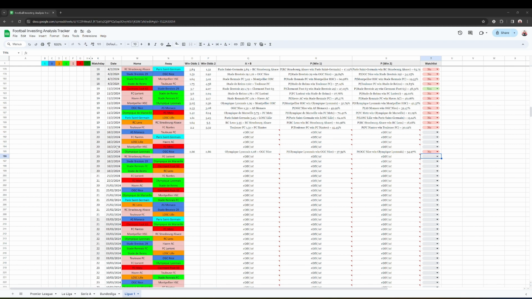Lille against Le Havre. Obviously Lille at home and Le Havre. So number 3, number 5 is kind of okay. 6.76. Not that it makes a huge difference. Nantes against Paris Saint-Germain, 6.2 and 1.49.